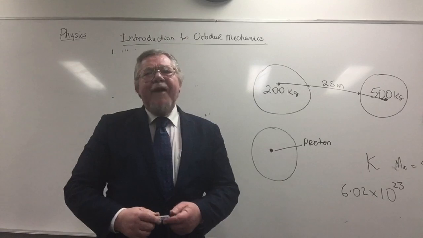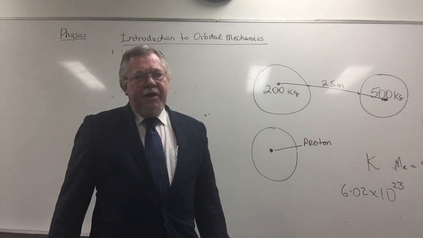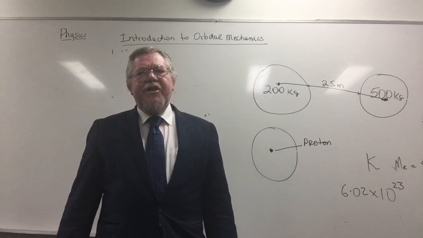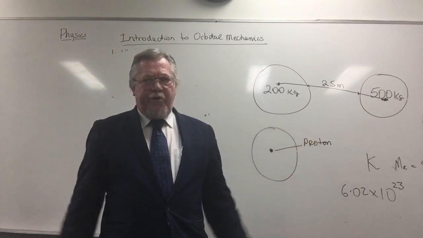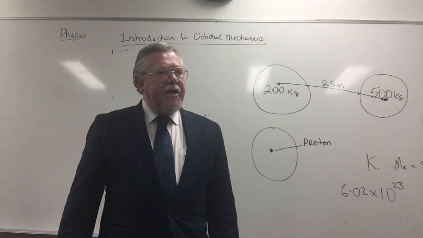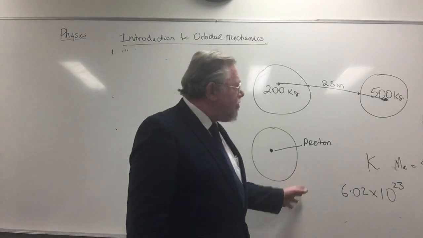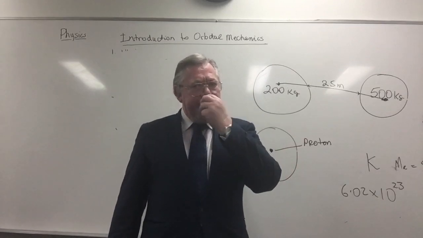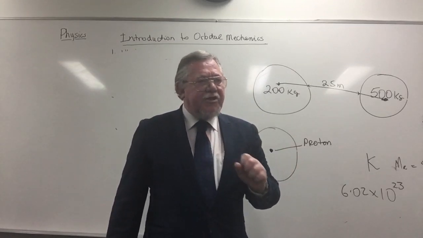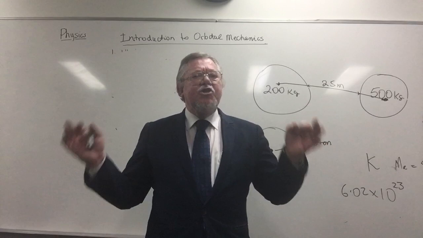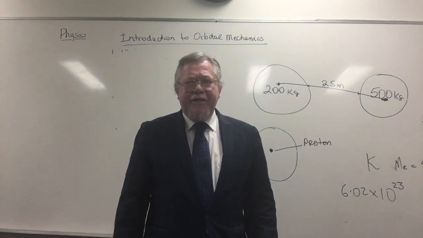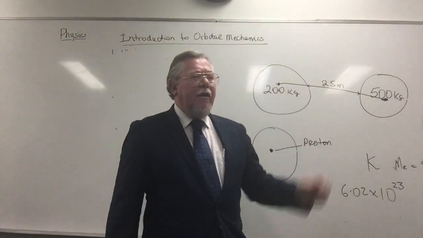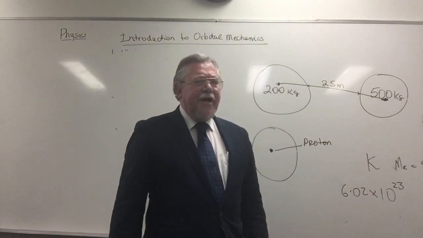Do you think it matters about the mass of the satellite? There's such a huge difference between them. Does it matter about the size of the satellite when we're talking about universal gravity? No, because the size of the satellite is so small compared to the Earth. It doesn't make a difference. So we just say the distance to the satellite. That is good enough.